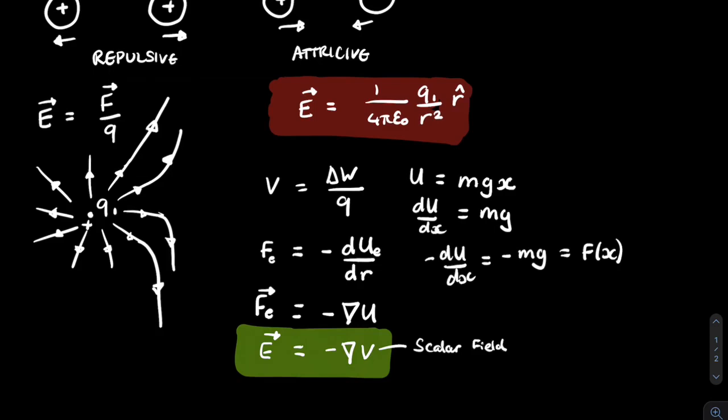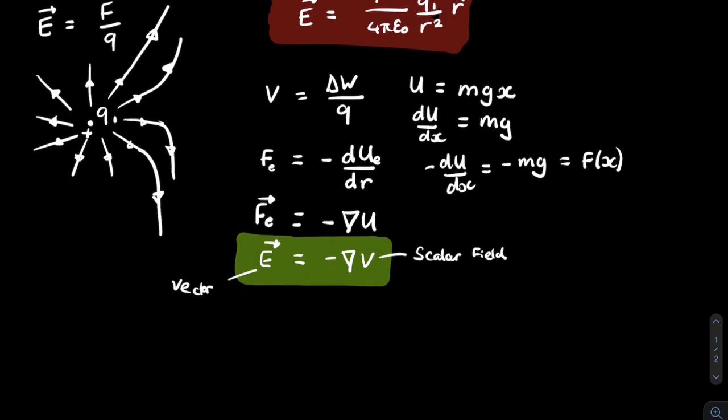It doesn't have a direction. But when we take the spatial derivative, del, to get the electric field, the del operator converts it into a vector. And the electric field is indeed a vector quantity with a magnitude and a direction. So this is a very important relation. You're going to be using it quite a lot for solving lots of different problems. So that's the relationship between electric field and potential.